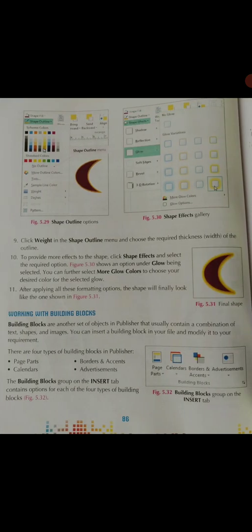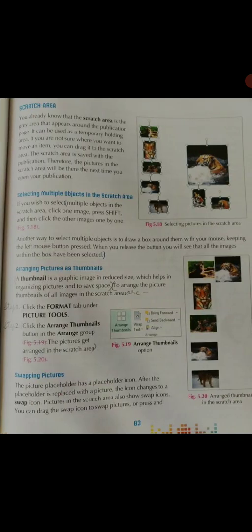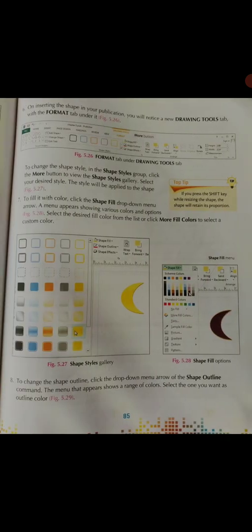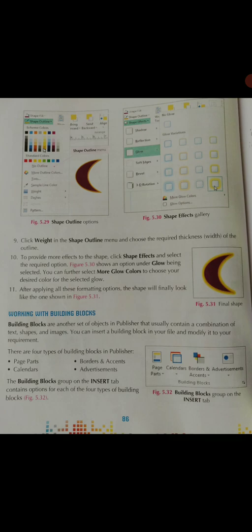So today students, how many question answers I have given you? I have given you 2 question and answers. First one is, what do you mean by thumbnail? How can you arrange pictures as thumbnails in the scratch area? And number 2, what do you mean by building blocks? Explain the types of building blocks in Publisher.